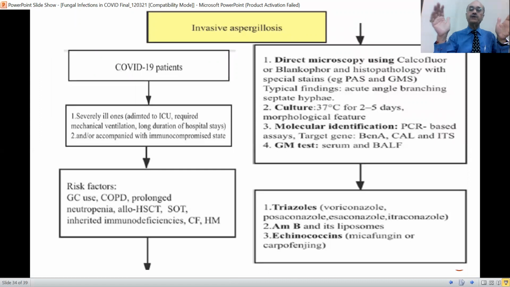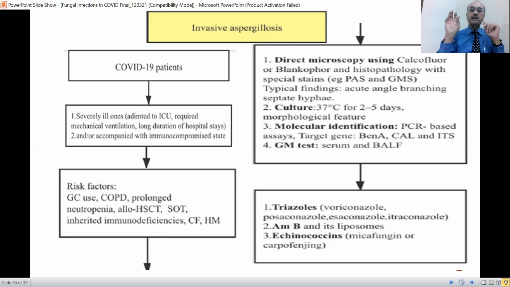Similarly, imagine your patient is a critically ill COVID-19 patient in the ICU on a mechanical ventilator. He is a diabetic or has glucocorticoid use with a background of COPD, which most of the patients have here. If possible, you take the tracheal aspirate, a non-directed bronchial lavage or mini BAL, and send it for proper direct microscopy, staining with PAS and GMS.